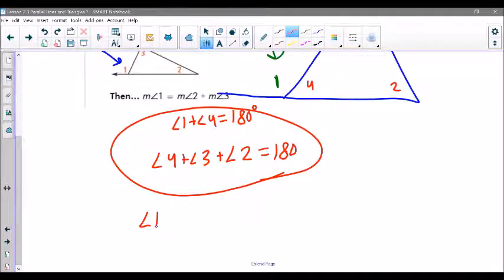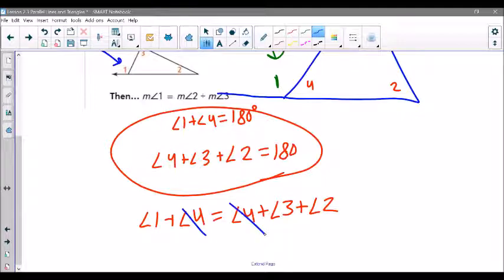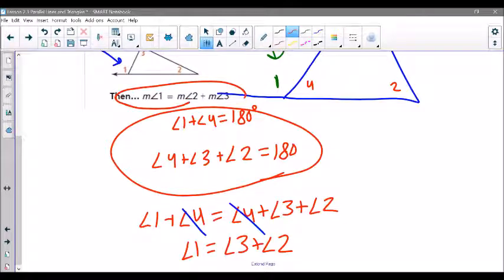We can say angle 1 plus angle 4 is the same thing as angle 4 plus angle 3 plus angle 2. Then, by the subtraction property of equality, we get rid of those angle 4s, and all we're left with is angle 1 equals angle 3 plus angle 2, which is what we have right here. I just wrote them in a different order, but that's all that one says.